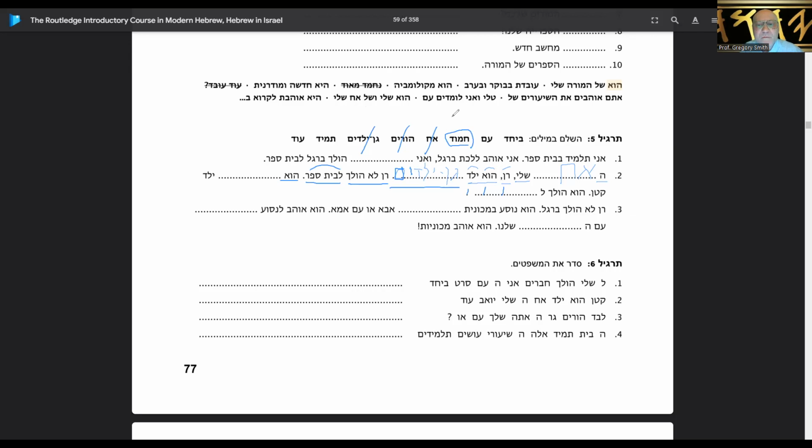Okay, hamud might work. He is a cute yeled katan. He is a cute little boy. Notice that this is a shuruk. That's how we get that oo sound. Okay, so hu hamud yeled katan. He is a cute little boy.